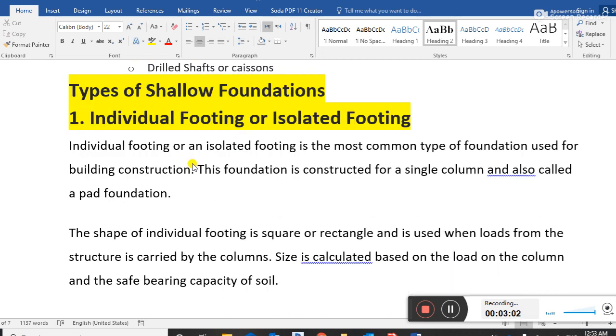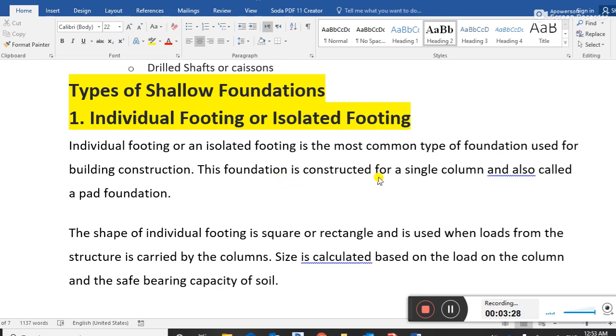Guys, types of shallow foundations: individual footing or isolated footings. An individual footing or isolated footing is the most common type of foundation used for building construction.